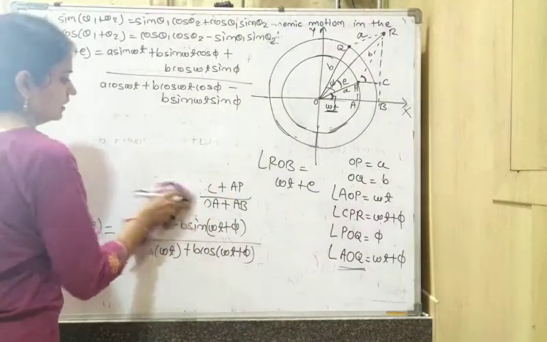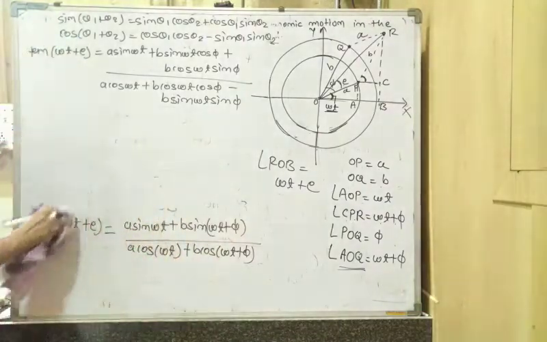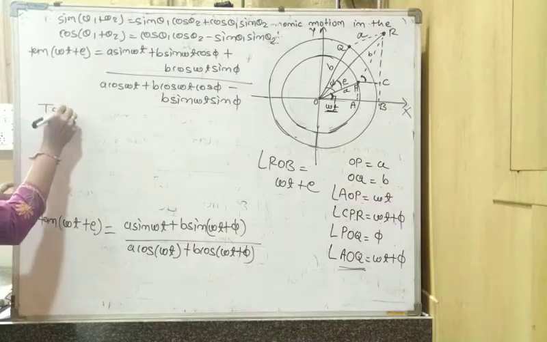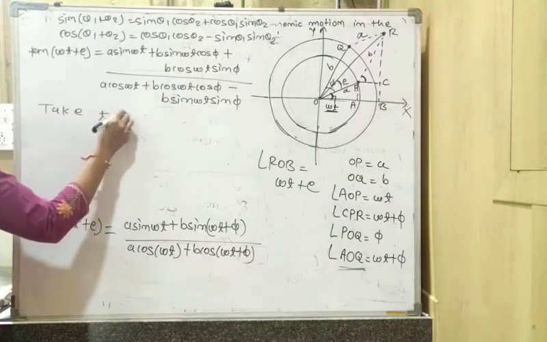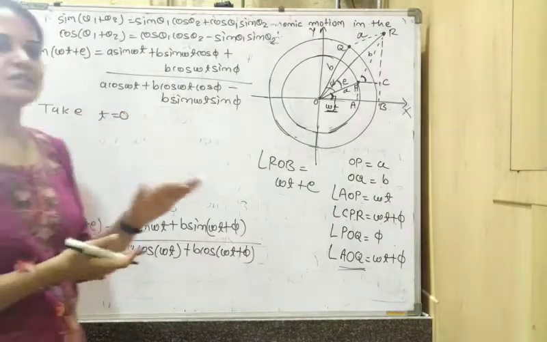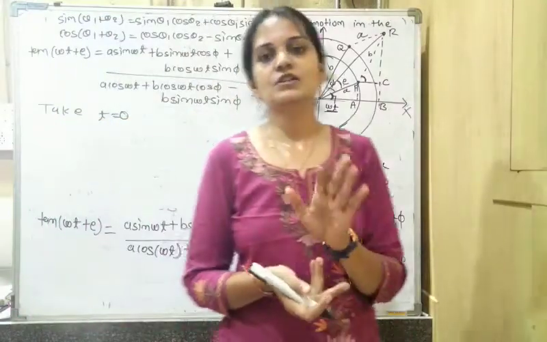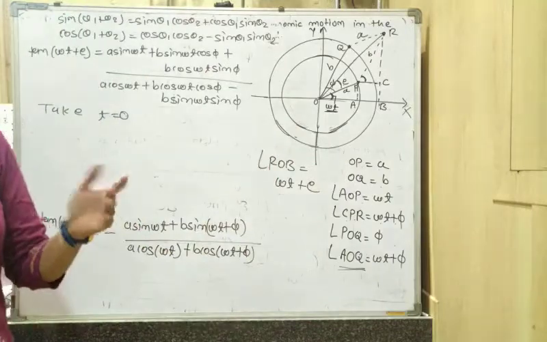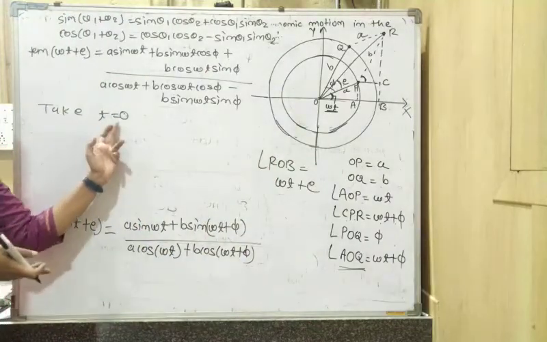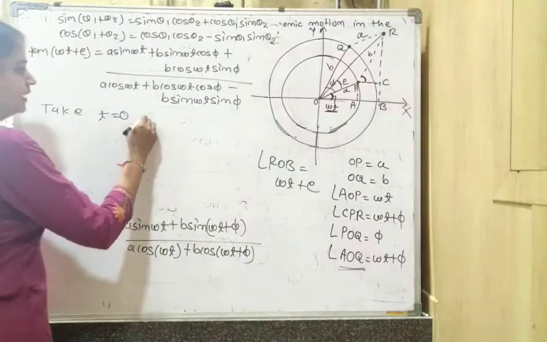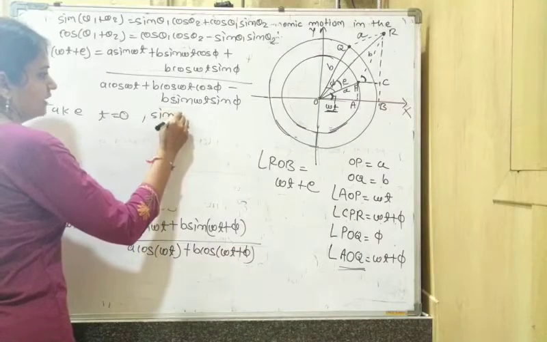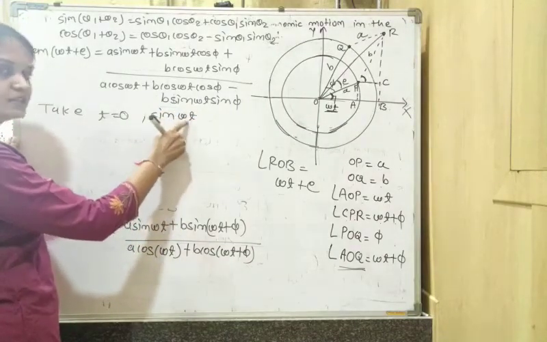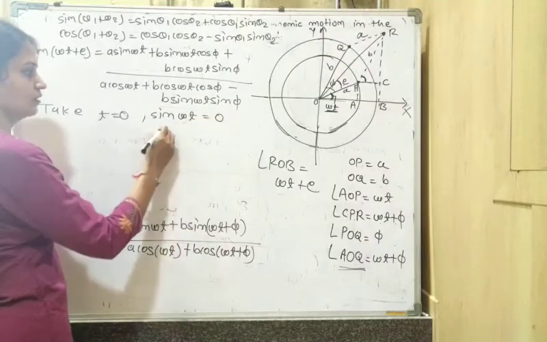Now take one condition for this equation: only take t equal to 0. Every time, t equal to 0 is the starting or initial position of each and every motion of a particle or an object. So if we put t equal to 0, then sin omega t, so sin 0, is 0.